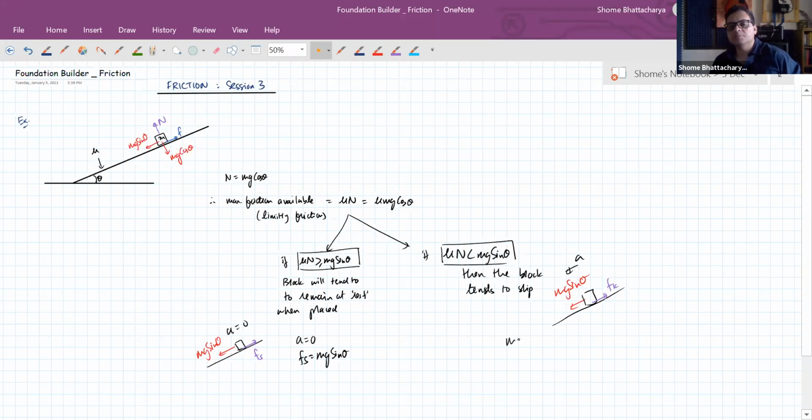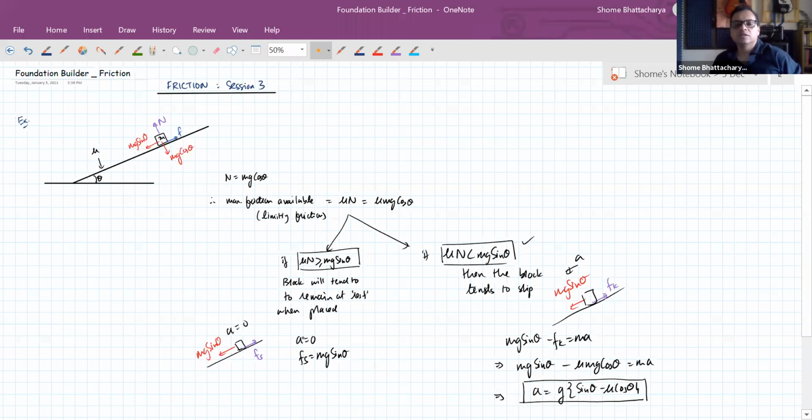So here it becomes mg sin theta minus kinetic friction is ma. So mg sin theta minus mu mg cos theta, because the kinetic friction will be that much. The acceleration will be g into sin theta minus mu cos theta. This will be the acceleration with which the block slips if this condition is satisfied, whereas the acceleration of the block will be zero if the other condition is satisfied.